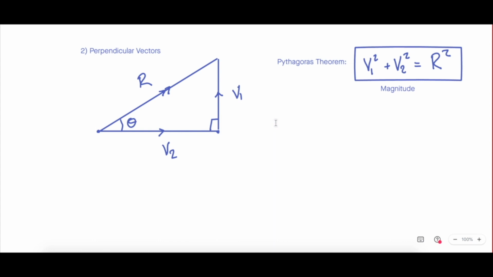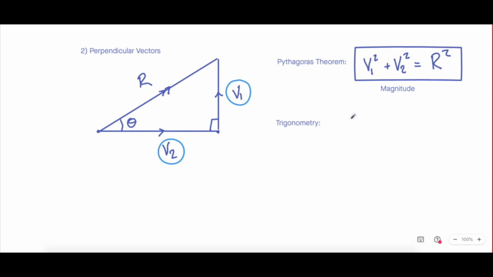To work out that angle, you need to use trigonometry. We're dealing with a right-angled triangle, and we know what v2 and v1 are already. So we can think of v1 as opposite to the angle and v2 as adjacent to the angle. So we've got opposite and adjacent.